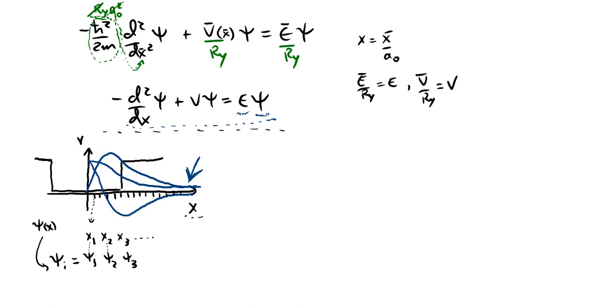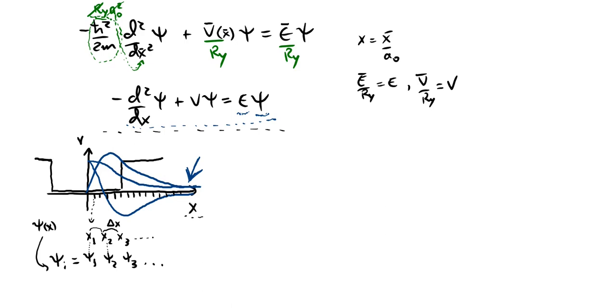Now I've discretized this, and the distance between these points in the x direction I'll call delta x. And so what I'm looking for are psi of 1, 2, and 3, and so on, right?